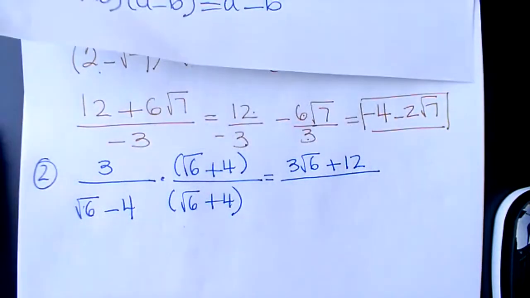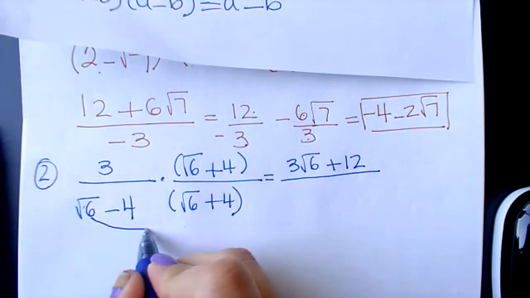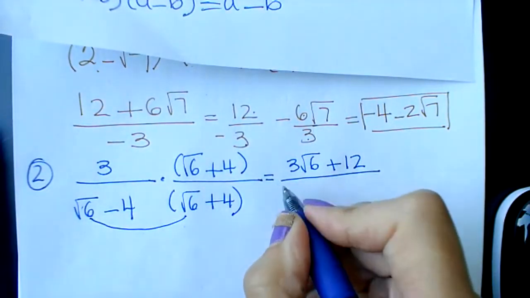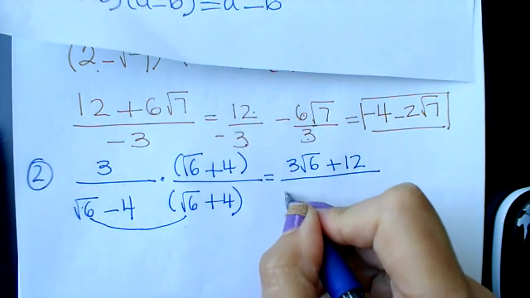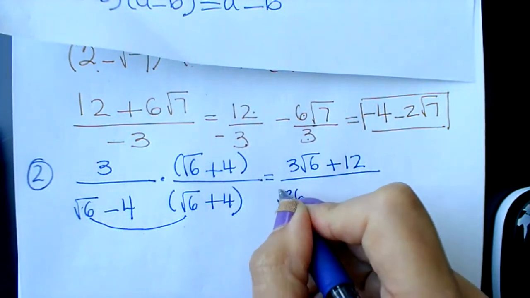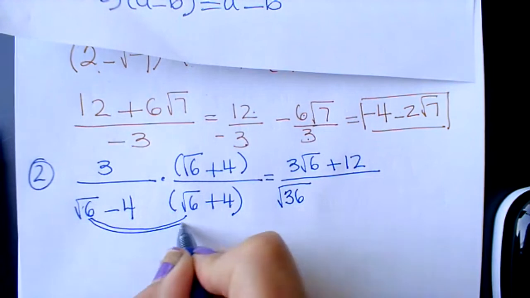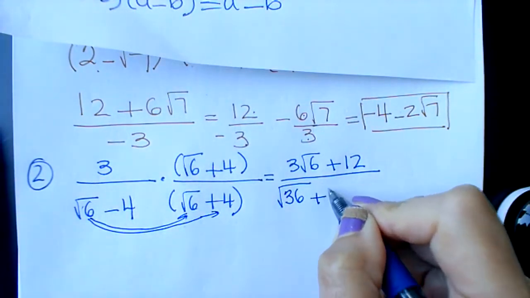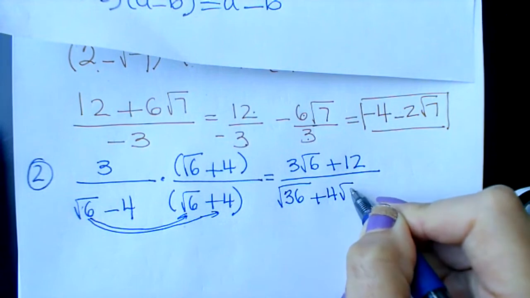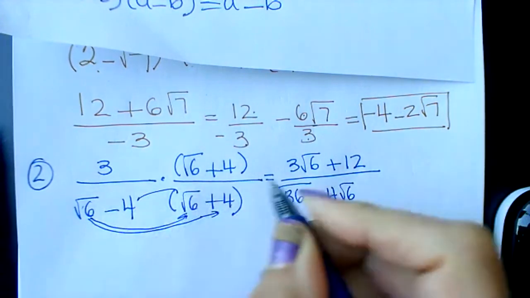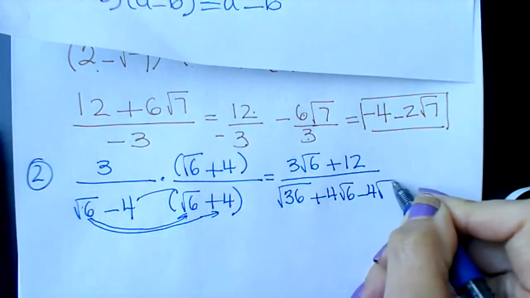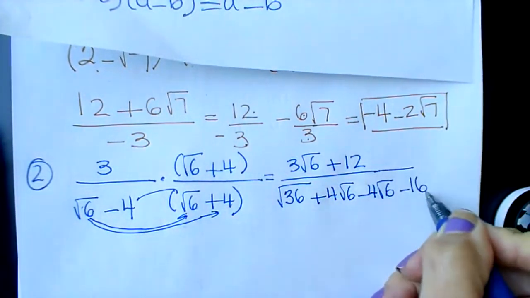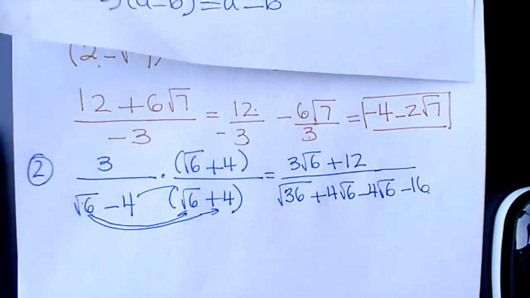It's exactly the same. This one times this one is going to be 6 times 6 is 36. And this one times this one is 4 square root of 6. Now this one is negative 4 square root of 6. And the last one is negative 4 times 4, 16.